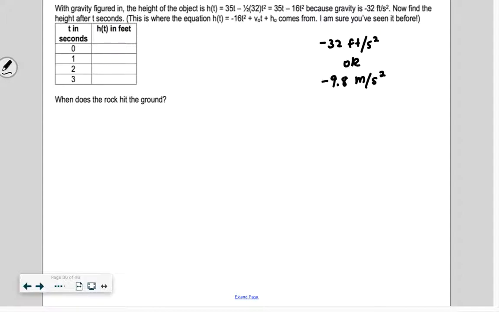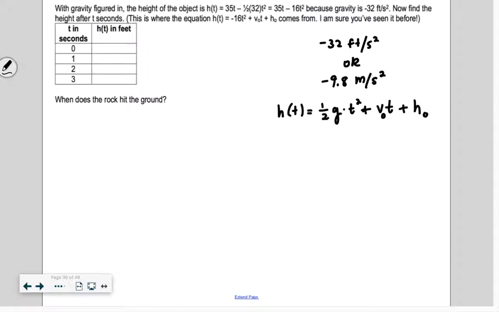And the equation ends up being that our height is equal to 1/2 of whatever our gravity is, times t squared, plus the initial velocity times t plus the initial height. So I'm going to write v sub 0 and h sub 0 for initial velocity and initial height.